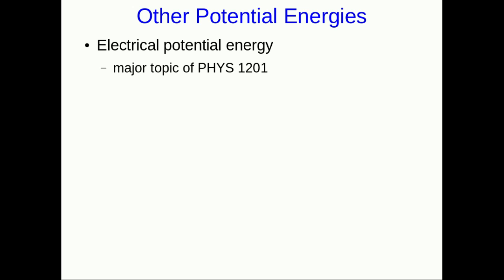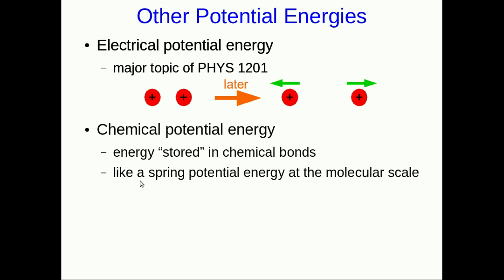Let's very briefly talk about some other potential energies that we won't see much in this course. So electrical potential energy is something we'll look at a lot in Phys 1201. But say you take 2 positive charges and push them together. If you then release them, they push on each other if they have the same charge, and they'll fly apart. And so you can see they gain kinetic energy. That's a sign that you had given them electrical potential energy by pushing them together, and that's now being transformed into kinetic energy.